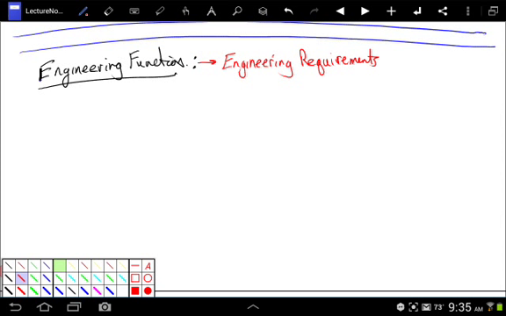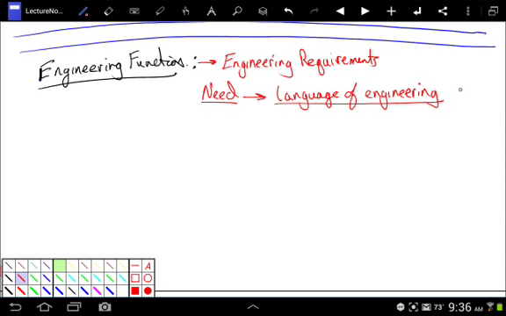So, what's the task here? Well, the task is to take our needs, the needs that we spent so long figuring out and crafting carefully, and translate them into the language of engineering. What's the language of engineering? Well, numbers.